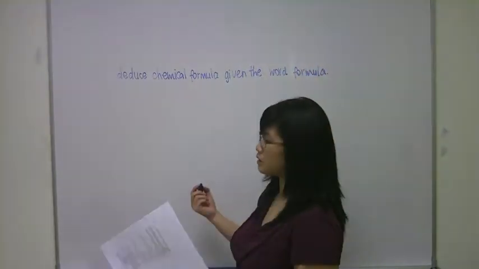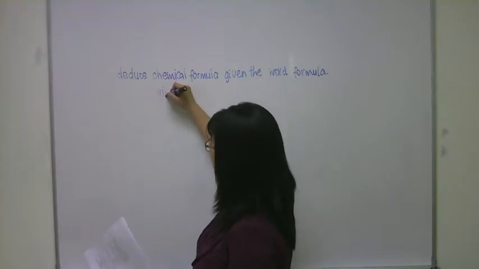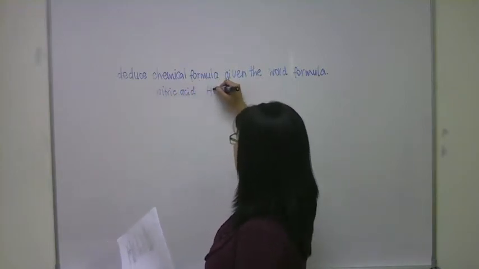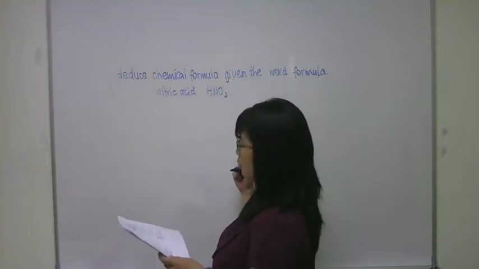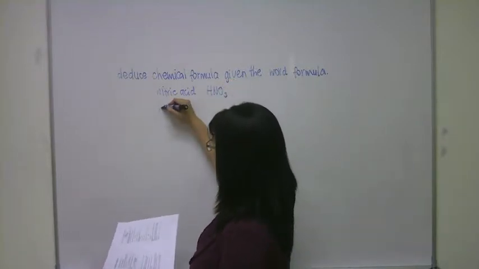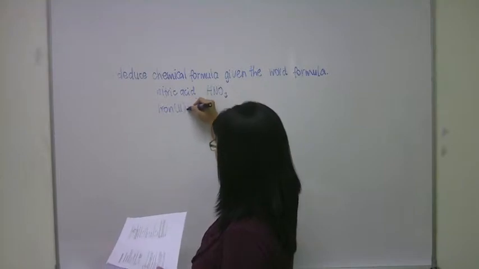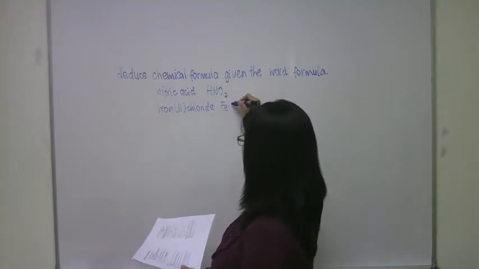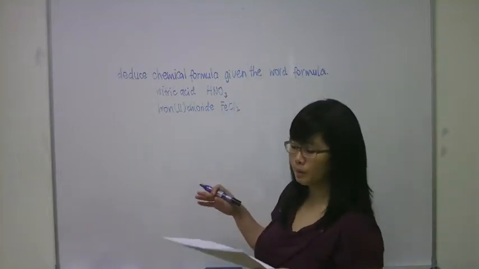For example, they need to know that when we say nitric acid, we mean HNO3. Or when we say iron 2 chloride, they know it's FeCl2. Okay, it's very important.